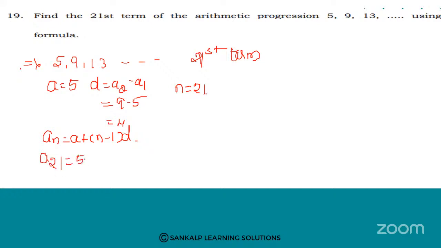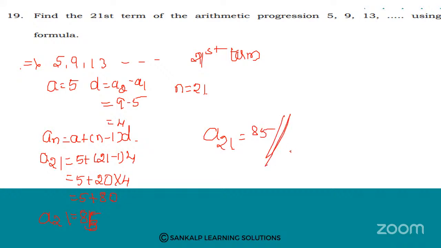A value is 5, n value is 21 minus 1, into d value 4. 5 plus 21 minus 1 is 20, 20 into 4 is 80. So 5 plus 80 is 85. That means a21 is equal to 85. Right?